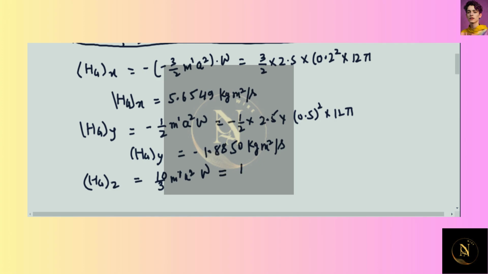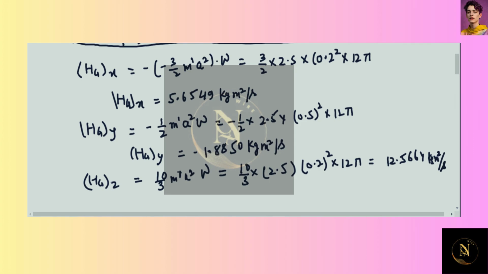So it will be 10 by 3 times 2.5, a is 0.2 meter whole square, and omega is 12 pi. So here you will get 12.5664 kg meter square per second.